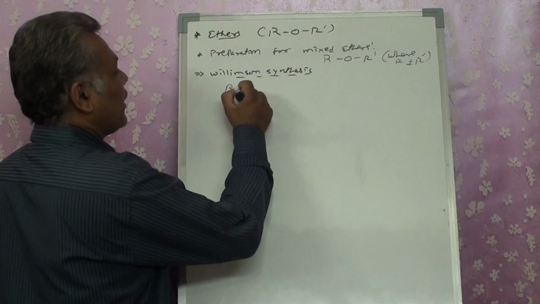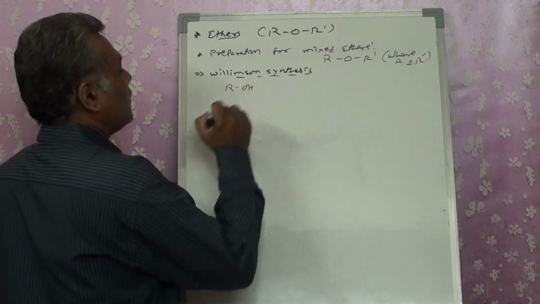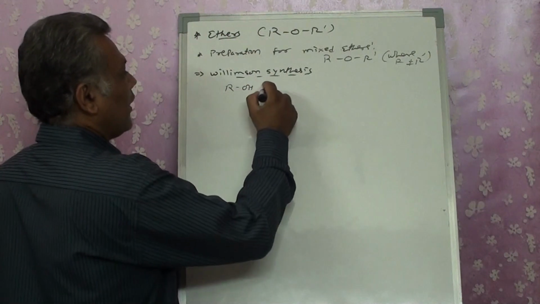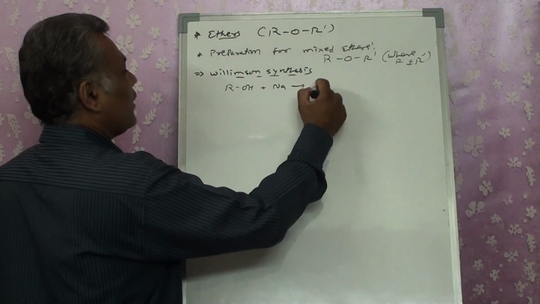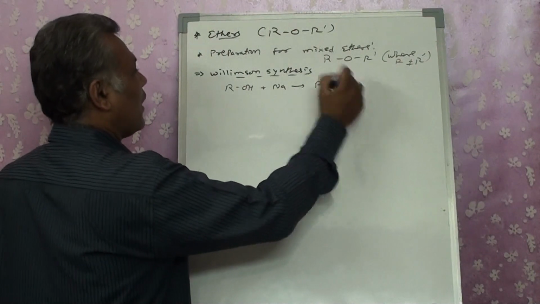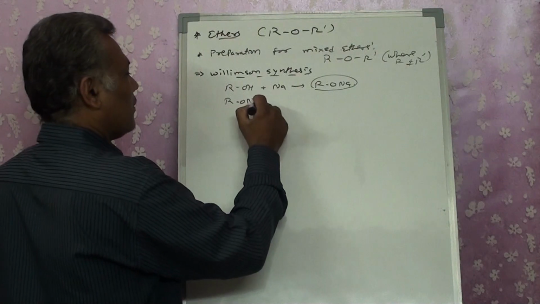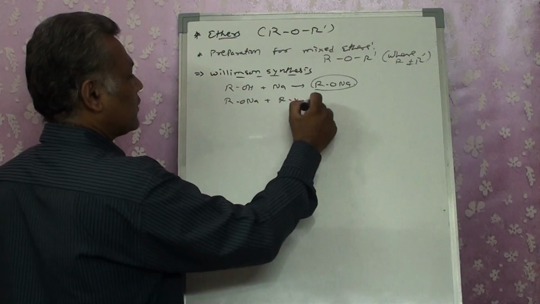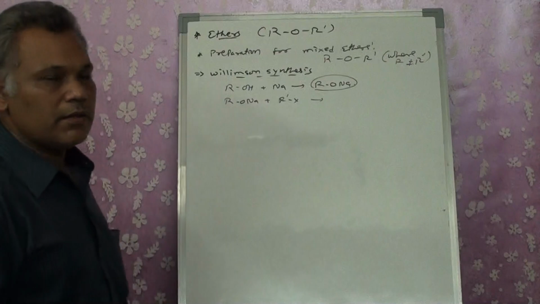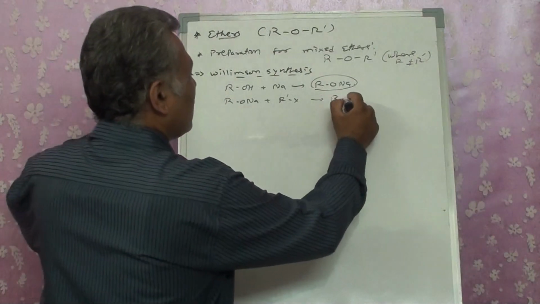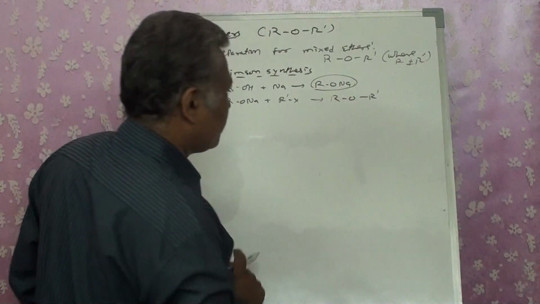What happens in this reaction? We take ROH. We know that when reacted with Na, it gets converted into RONa. This RONa is reacted with R'X, and it gets converted into ROR'.